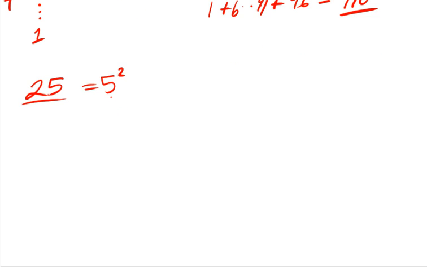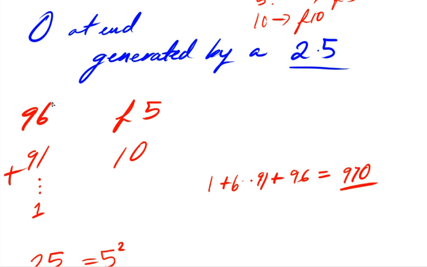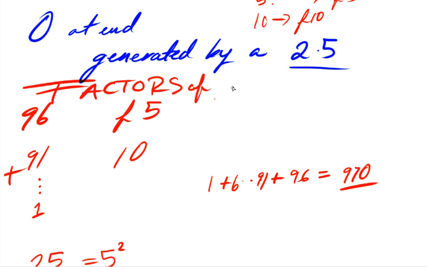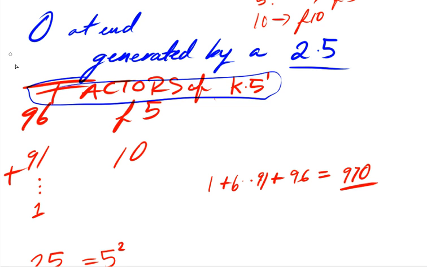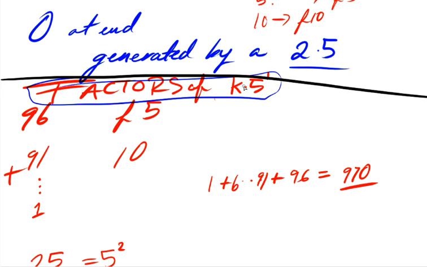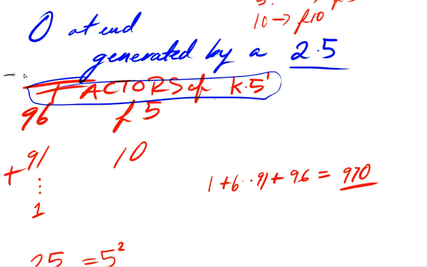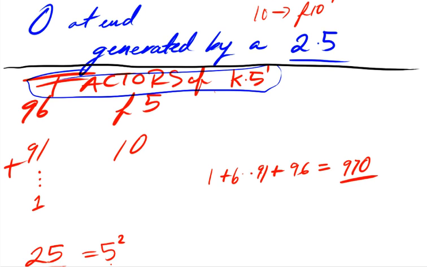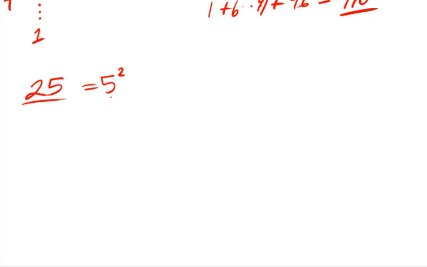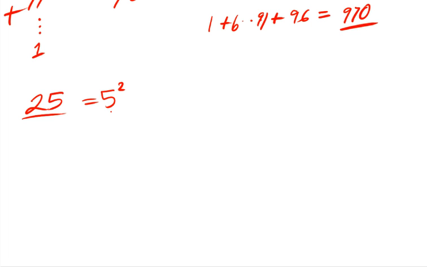So to add on certain cases, in this case we have counted just the factors of k times 5 to the first power. Now we have to count the factors of k times 5 squared and so on. So 25 is 5 squared.